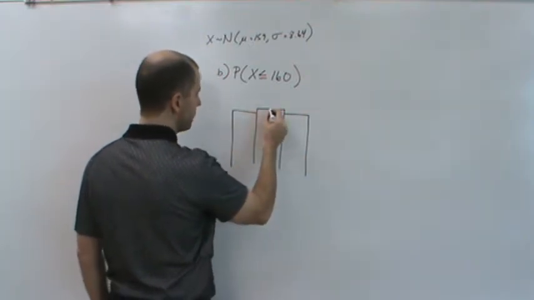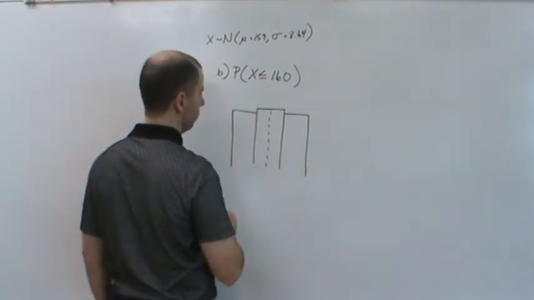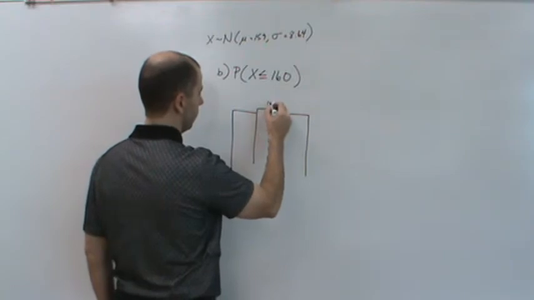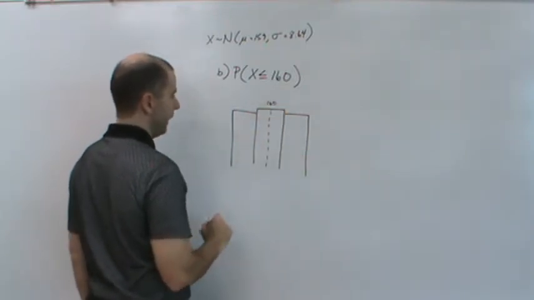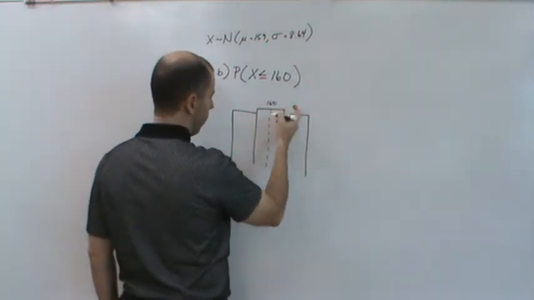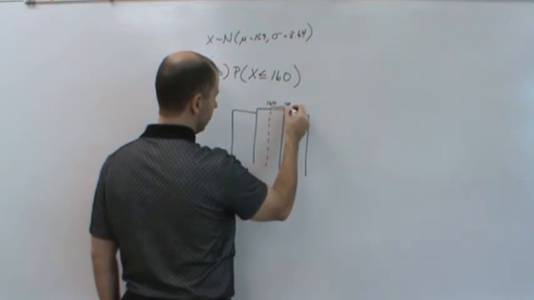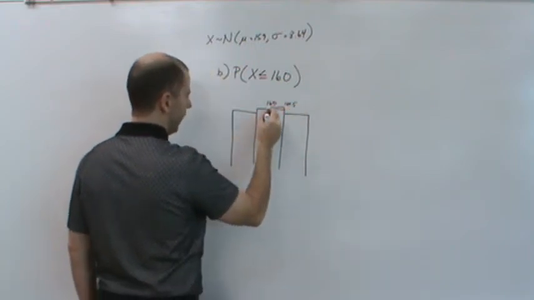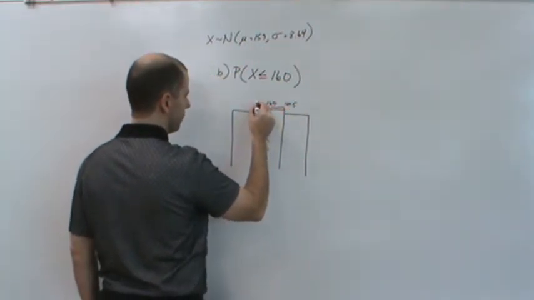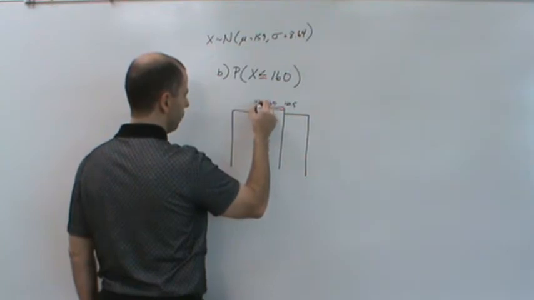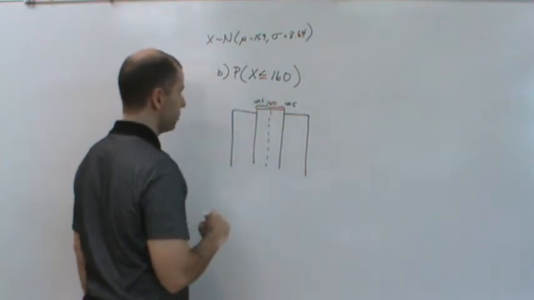Now again, 160 is going to be right in the middle, right? So that means if we go out a half this way, this is going to be 160.5. And if we go out a half this way, this is going to be 159.5.